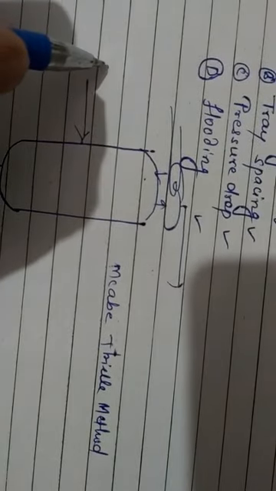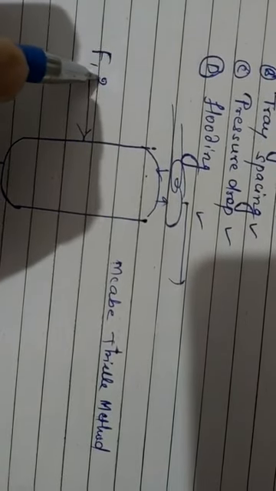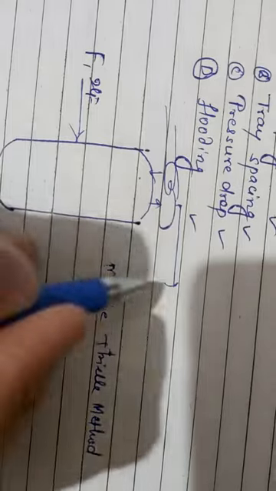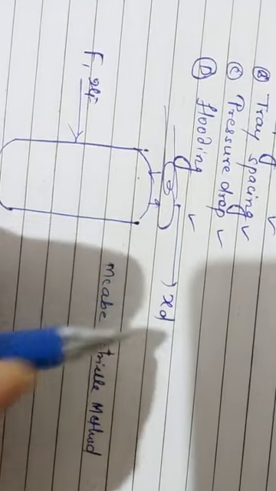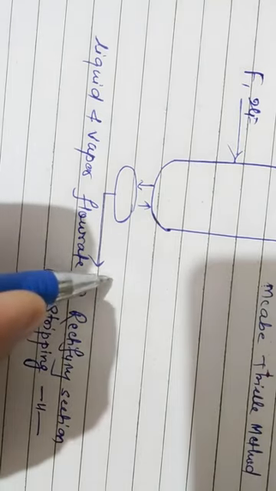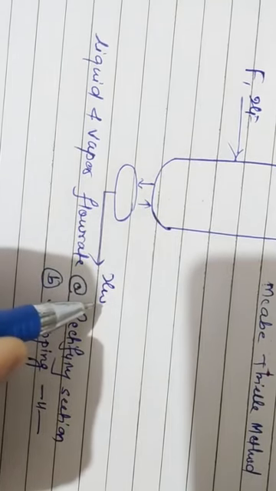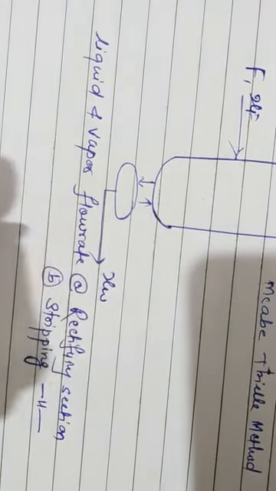The typical way is that you have been given the feed flow rate, you have been given XF, XD, and XW, what is expected in the bottom.